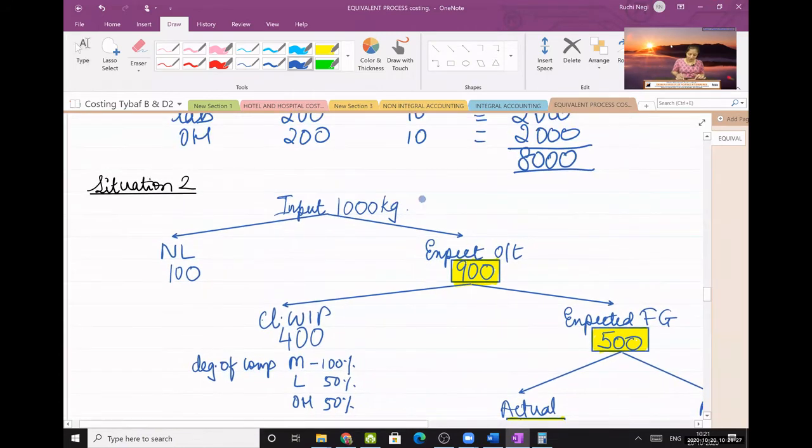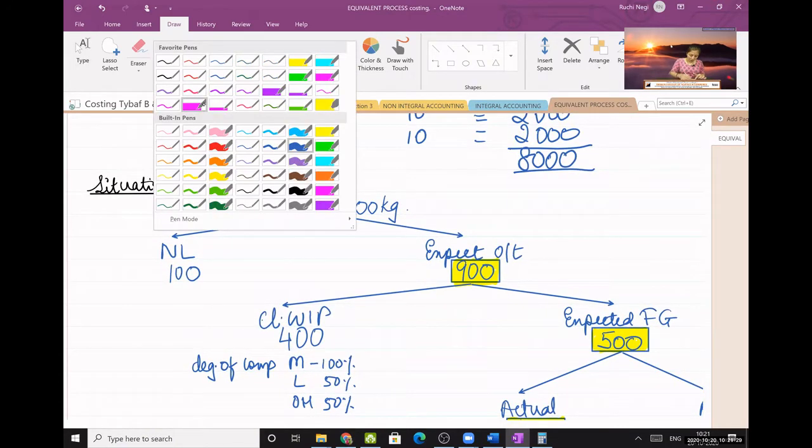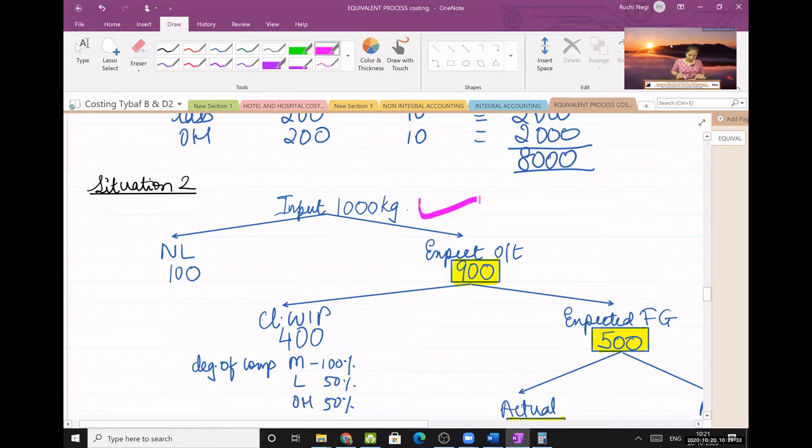Input raw material is how much? 1000. Normal loss is how much? 100. 1000 minus 100 is how much? 900. I've highlighted the balancing figures with yellow.